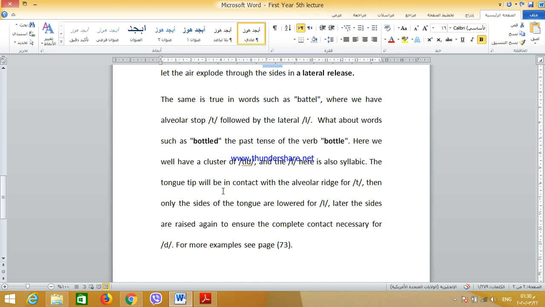Now, the tongue tip will be in contact with the alveolar ridge for t, as we did before. Then only the sides of the tongue are lowered for l, to make the lateral l. Later, the sides are raised again to ensure the complete contact necessary for the d. So we make the contact for t, we lower the sides of the tongue for l, then we raise them again and make a complete contact for the d sound.